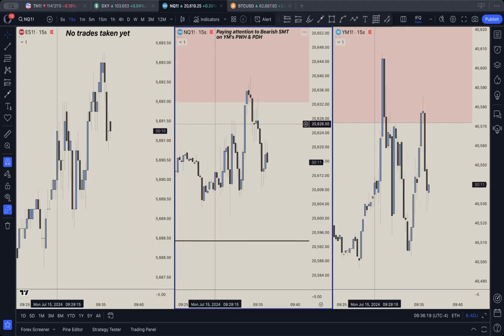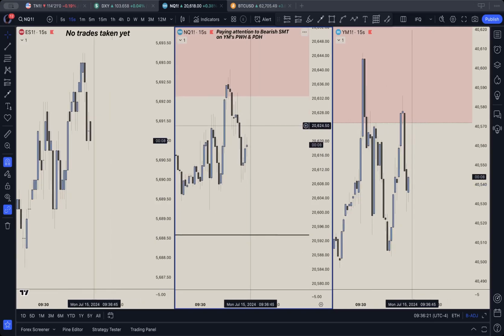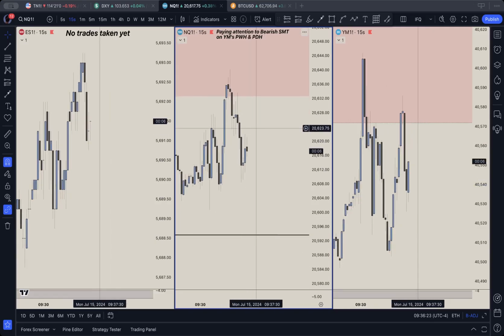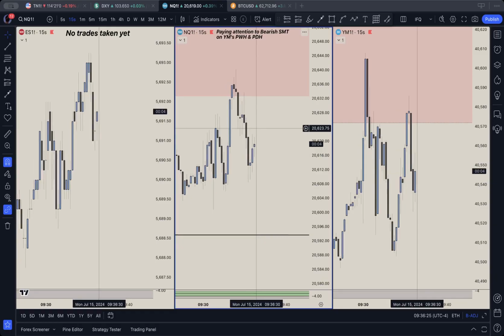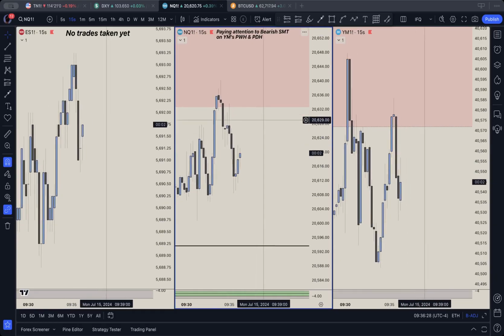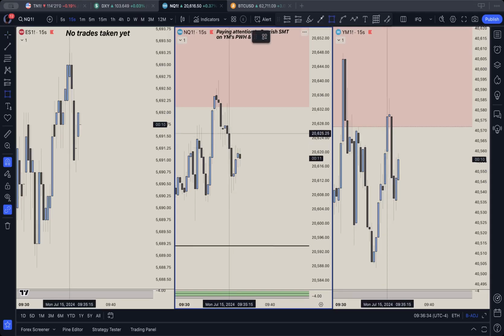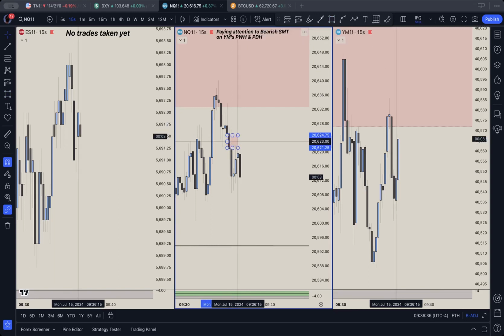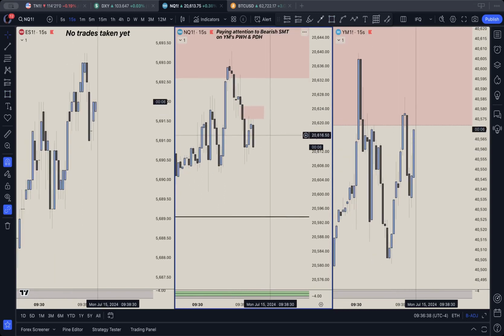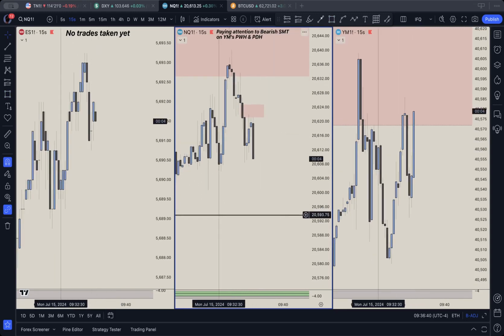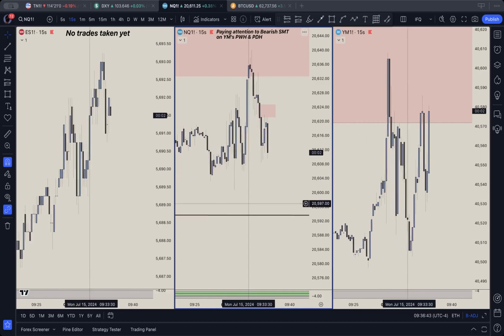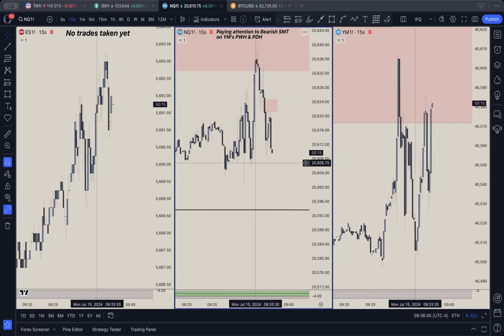What's going on here? Attention to this fair value gap. Drive into these lows, these low resistance liquidity, preferably past these lows right here.